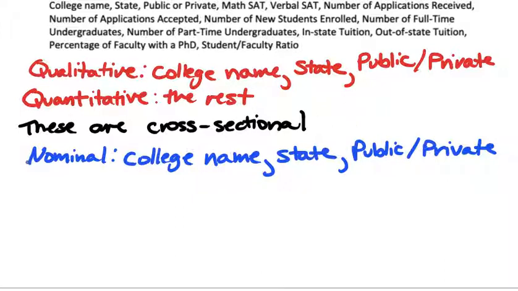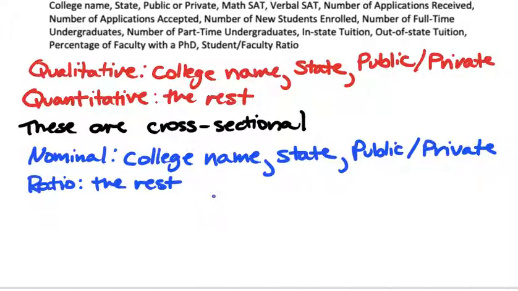The rest of them would be considered ratio. So in terms of number of students could be 0. Tuition could be $0. I mean, not practically, but technically it could be. Percentage of faculty with PhD, that could be 0.